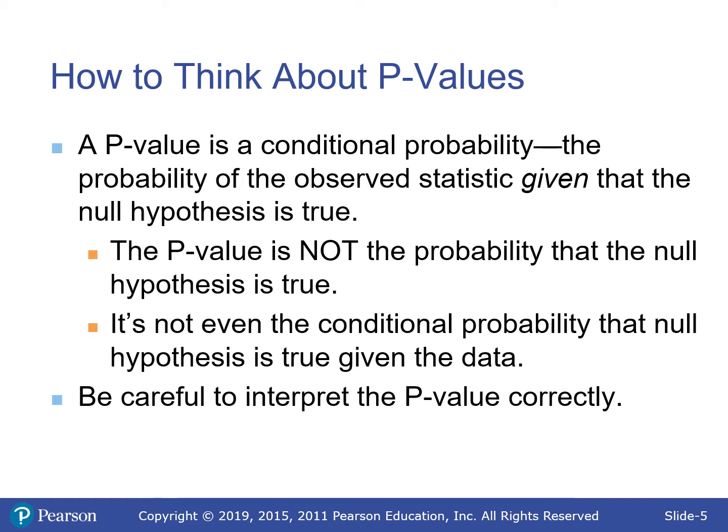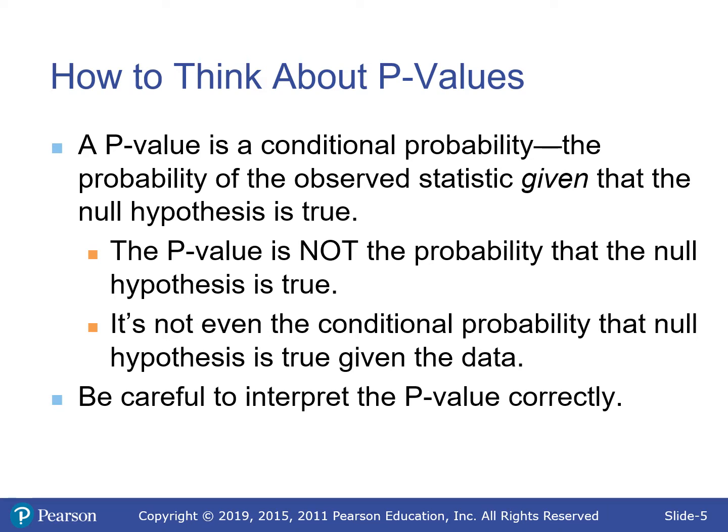It's more than just incorrect grammar. It's not even the probability that the null hypothesis is true given the data. It's the probability of getting the data you got if the null hypothesis is true.